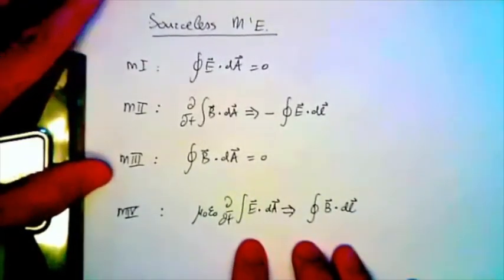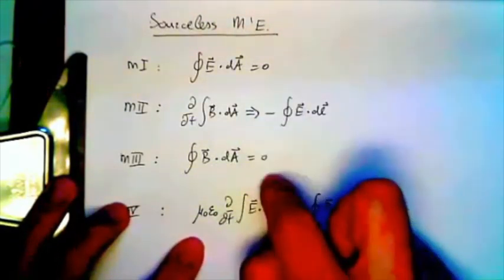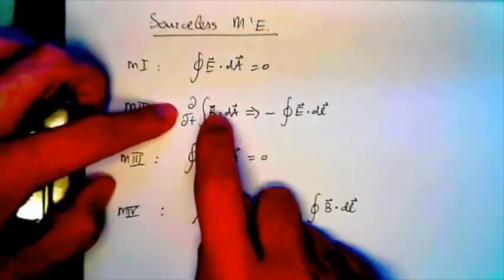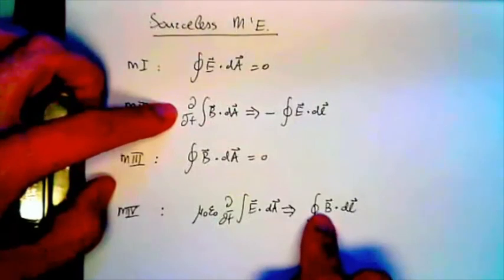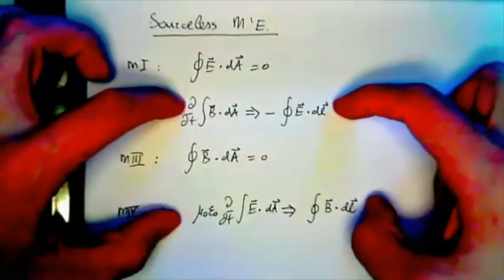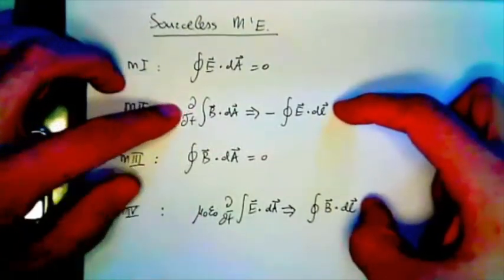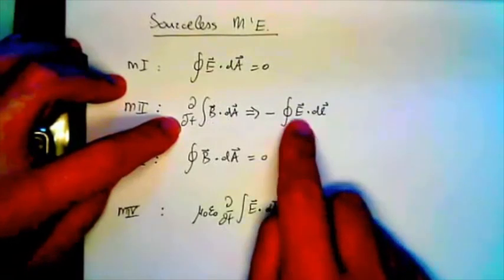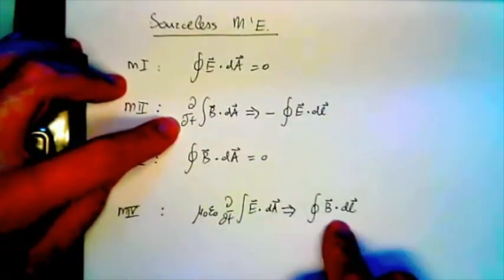And I hope you see how nicely symmetric this is, right? So these are two 0s. These two give you time dependence of B that generates an E, and a time dependence of E that generates a B. And these two things together are going to generate electromagnetic waves. So a time varying magnetic field creates an electric field. That in turn, a time varying electric field is going to generate a magnetic field again.